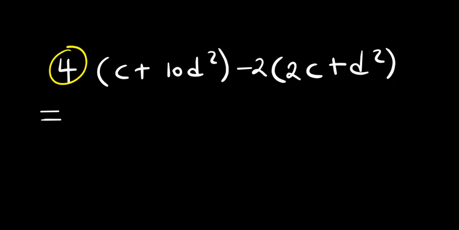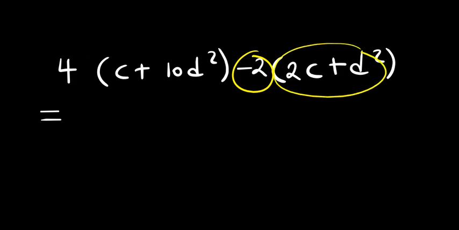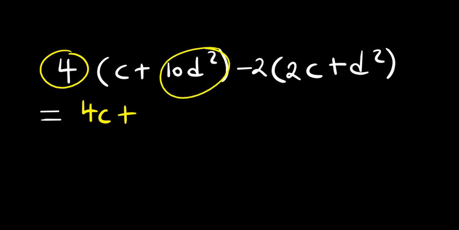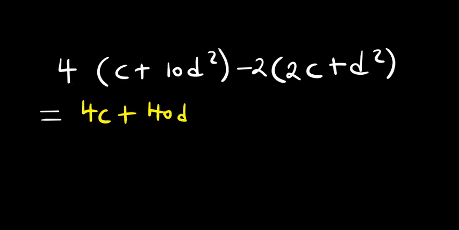This 4 is going to multiply with everything that I have in the brackets. Same with the other side. This negative 2 is going to multiply with everything that I have in the brackets. So let's start with the 4. The 4, when it multiplies with a c, I'm going to have a 4c plus, when the 4 multiplies with 10d squared, I'm going to have a 40d squared.